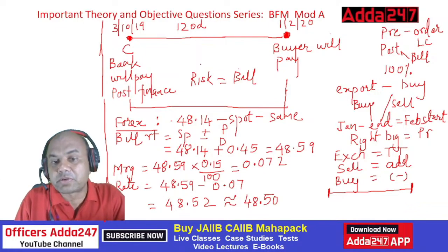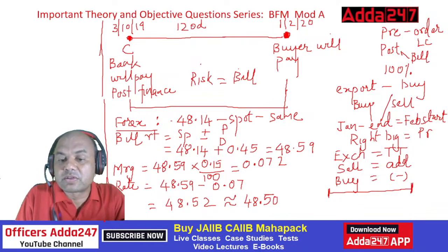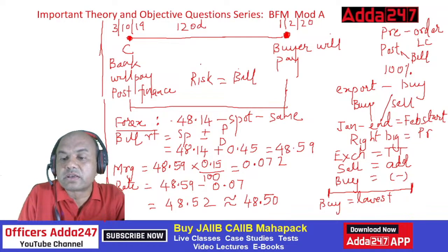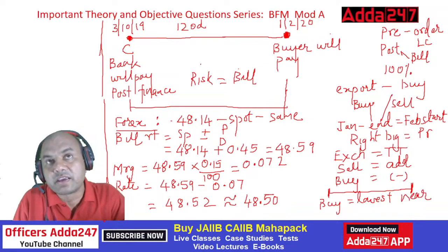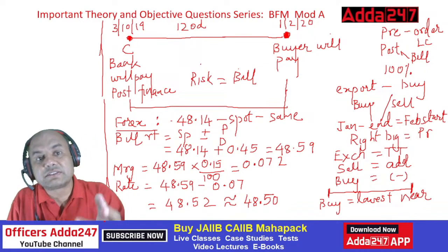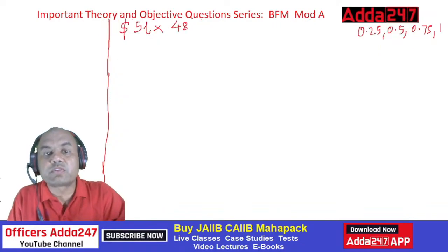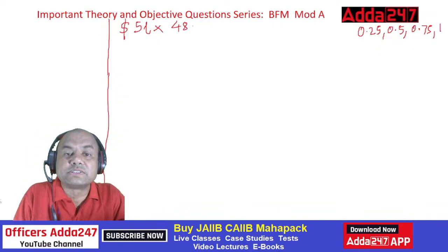But always remember, whenever you are buying any transaction, buying should always be done through the lowest part. Buy equals lowest near. This is the rate at which I'll be rounding it off. And selling, I'll be rounding it off to highest near. So here I'll round it off to 48.50.